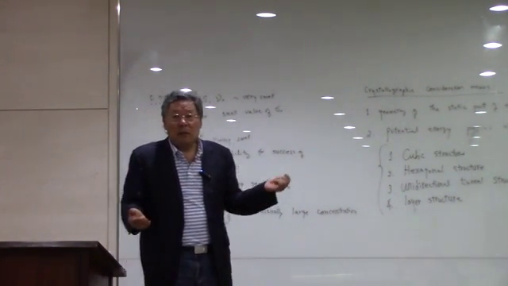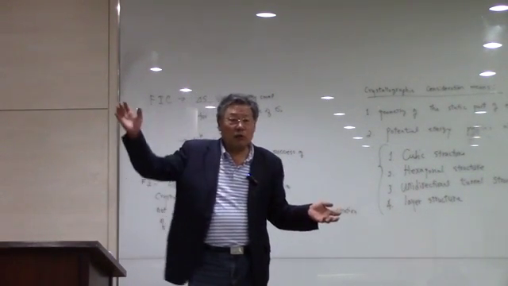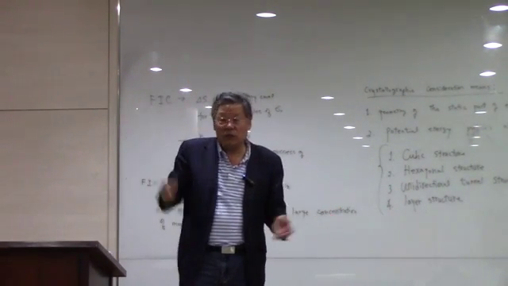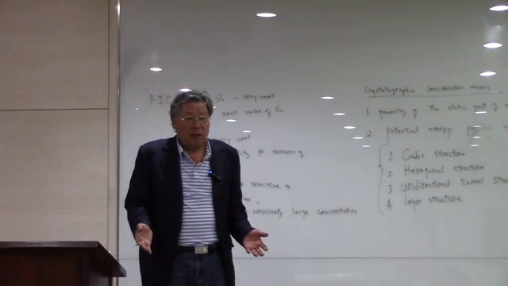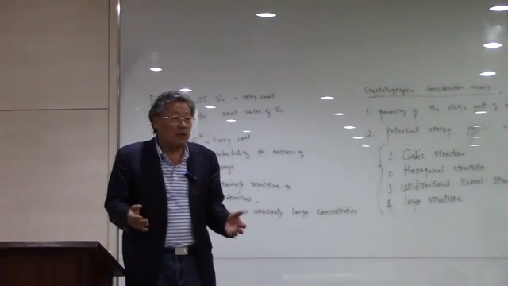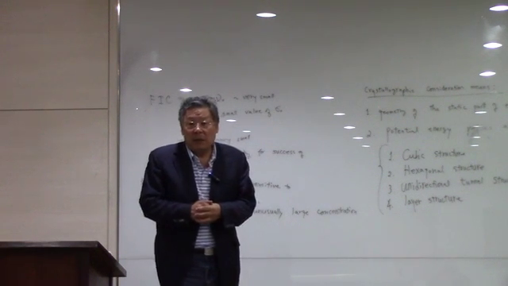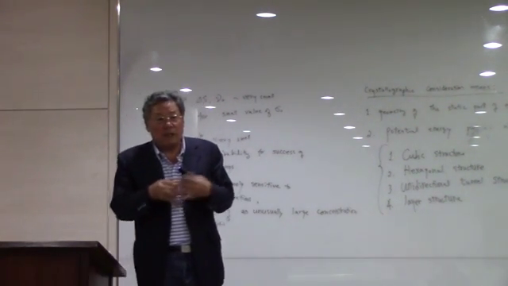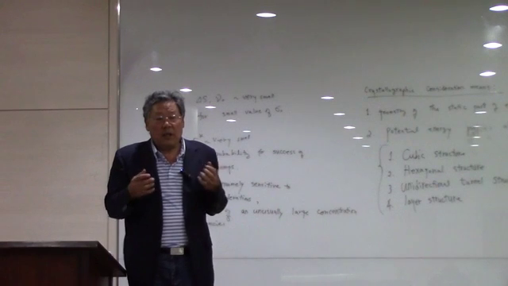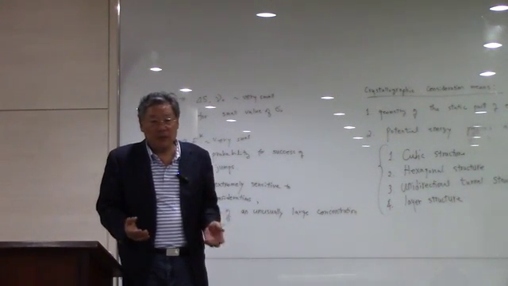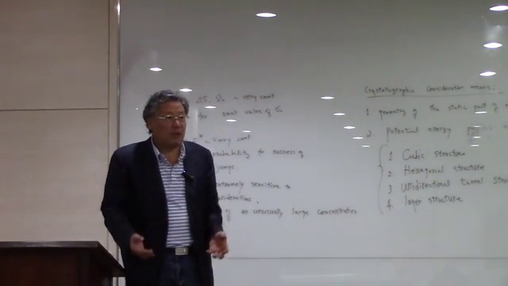Like in conductors, we have superionic conductors where the resistance is really zero. That is a big breakthrough, even though it is not industrialized yet. But in battery systems, in energy systems, we haven't experienced that big breakthrough.